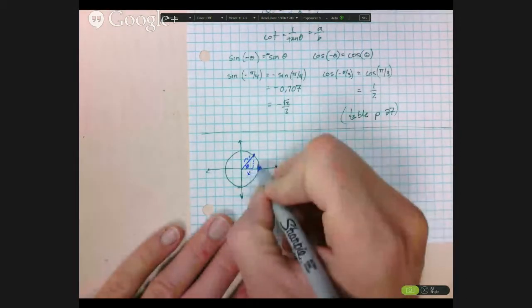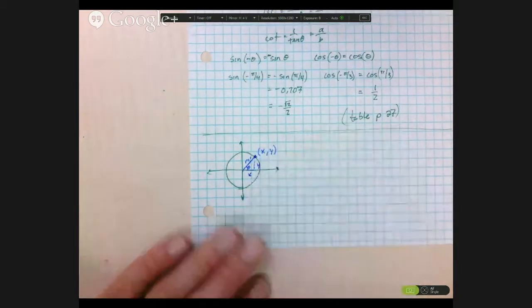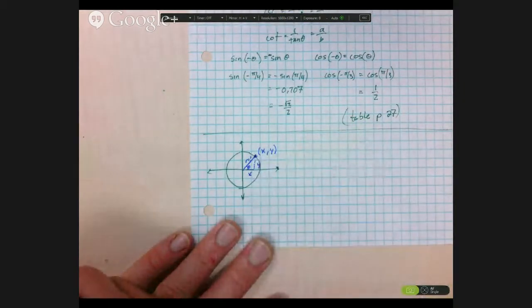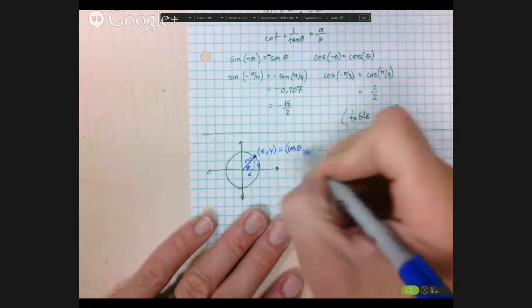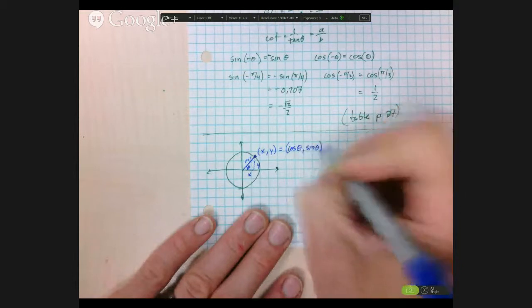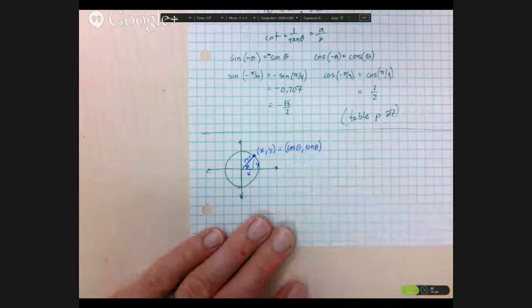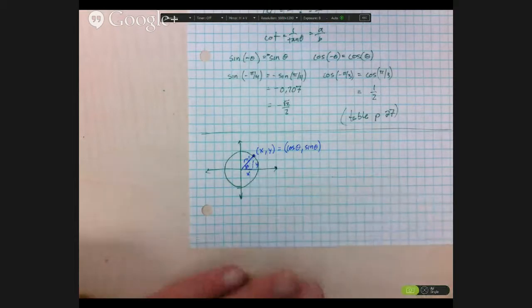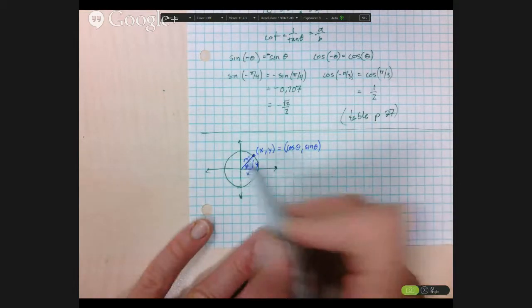This is your x and y. So you have an x value and a y value out here on the circle. This is the x, y. It's just a coordinate. The really neat thing is that this also corresponds to cosine theta, sine theta. The x value is cosine theta, the y value is sine theta. Because the radius is 1, the hypotenuse doesn't count. Dividing by 1, because this is adjacent over hypotenuse, so x over 1 is x.